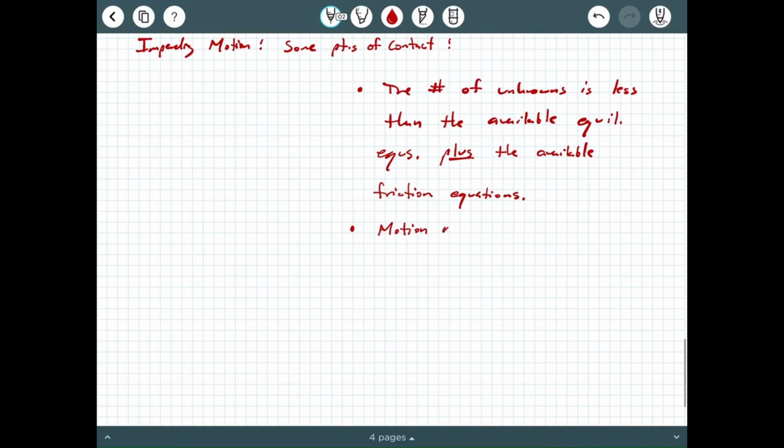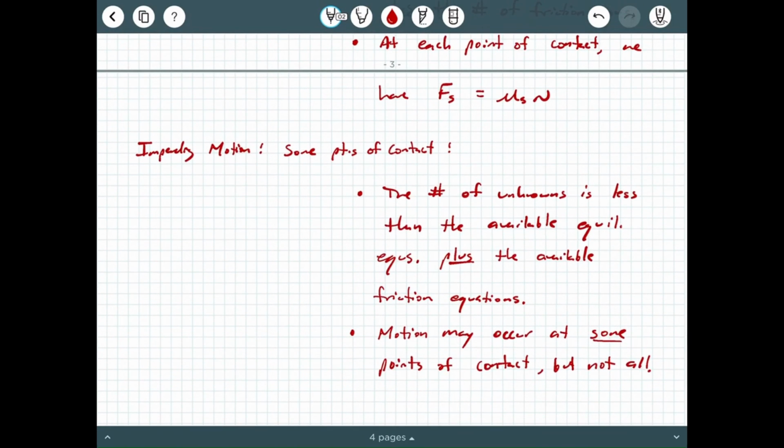And then we're going to say motion may occur at some points of contact, but not all. Okay, so this is, again, a bullet point summary. Take a look at sections 8.1 and 8.2 and read those paragraphs.